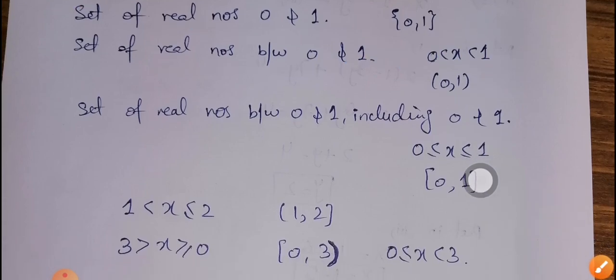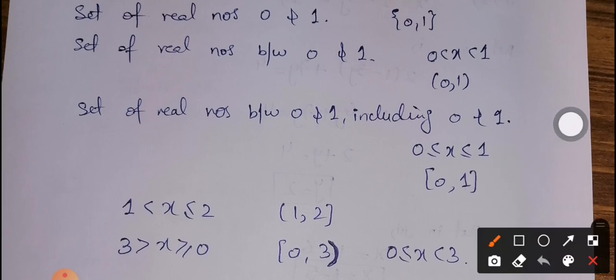On the other side, if the endpoints are included in the interval, that is, we have to take x equal to 0 and x equal to 1, although x is lying between 0 and 1, then we introduce a closed interval, and for a closed interval we use the square brackets. So small brackets are used for the open interval, and square brackets always represent the closed interval, that is, the endpoints are included.